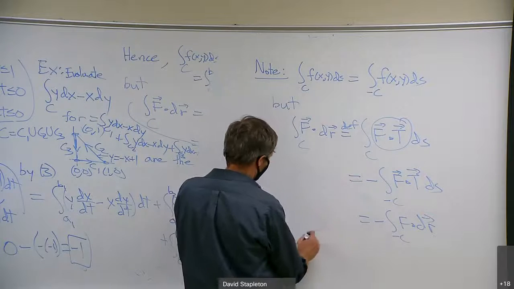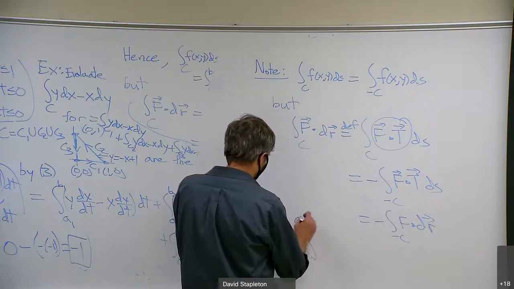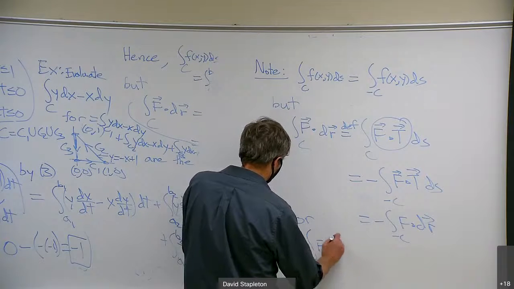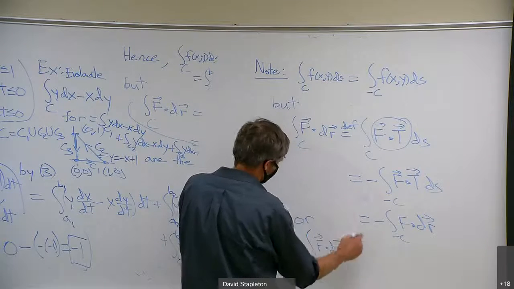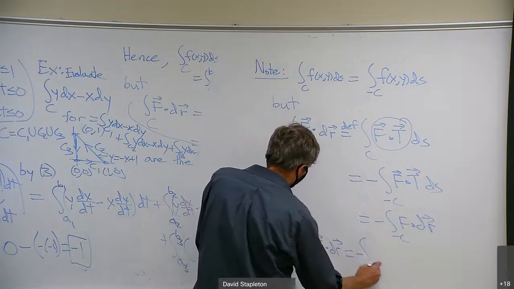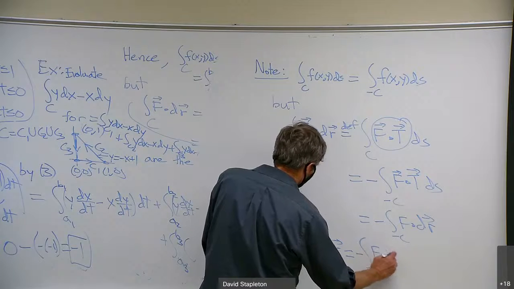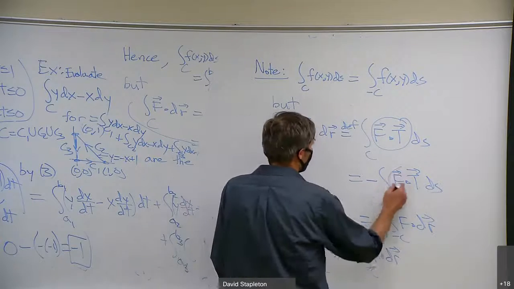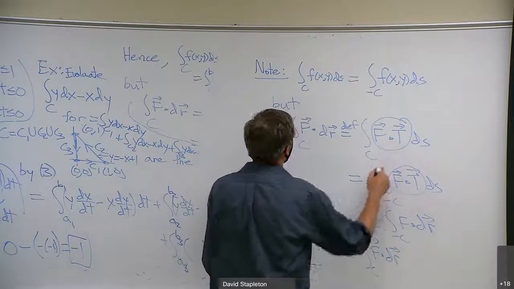Simply written this other way, the integral along minus c of f dot dr is minus the integral along plus c. It's because this changes sign depending on which direction you're moving.